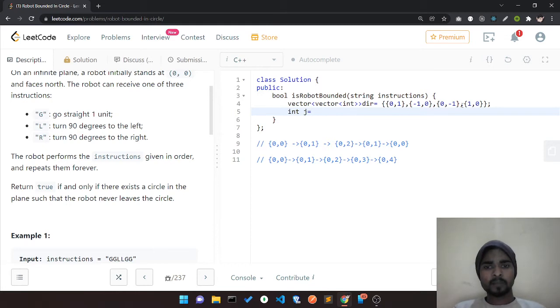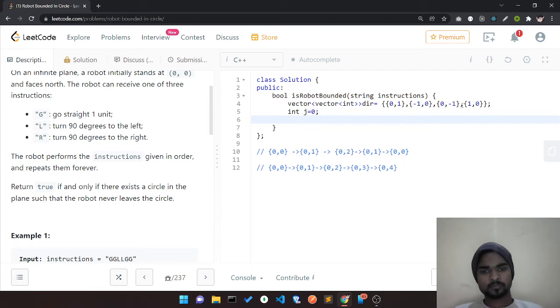In the initial case, my robot direction is fixed. It means my robot is not moving anywhere else. By default it's standing on the north, so I didn't change anything. And in the initial case my robot is standing at 0 comma 0.